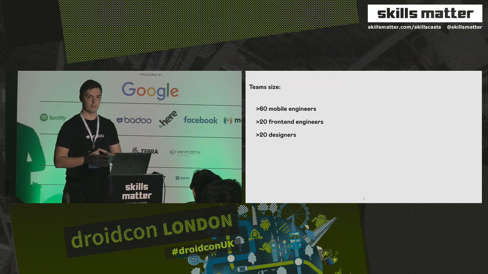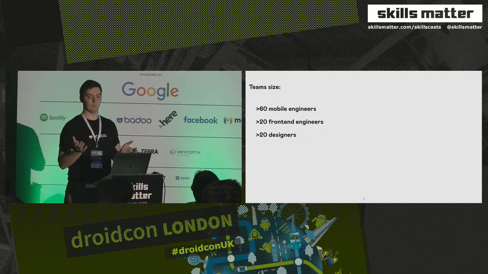But before we start, I want to show that we have big teams involved in UI development. We have more than 60 mobile engineers, more than 20 mobile web engineers, and more than 20 designers, and we want to reuse our UI. It's really impossible to reuse if you have only one library on each platform, because it's not only about one team.